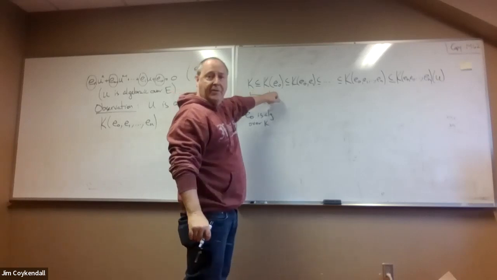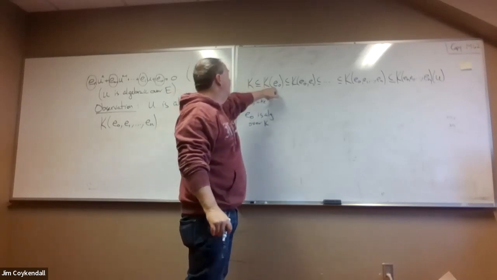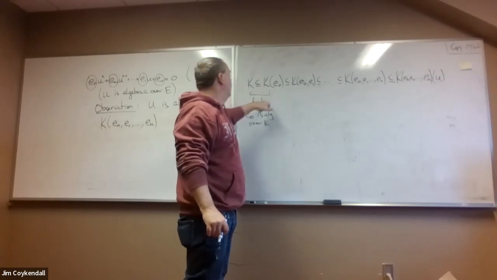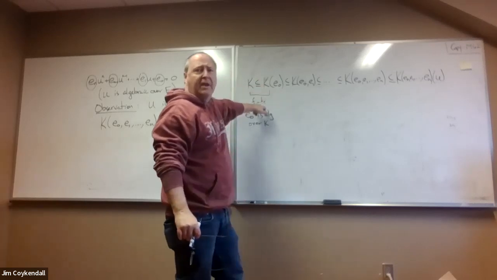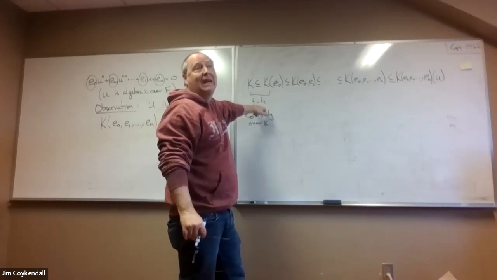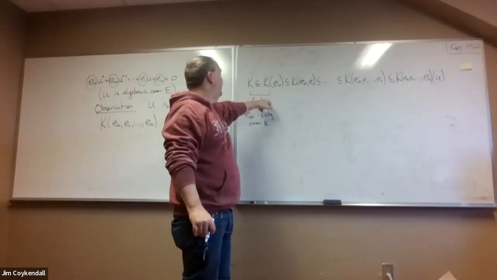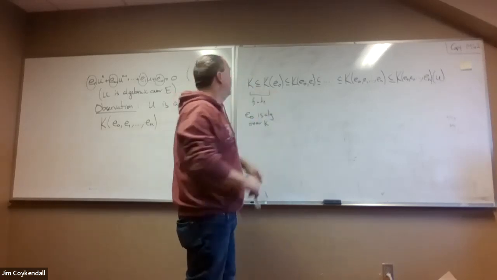So we already have a theorem here. What I've done is I've taken K, and I've adjoined E0. E0 is the root of some irreducible polynomial, say of degree t, so this is a finite jump of t, so it's finite.